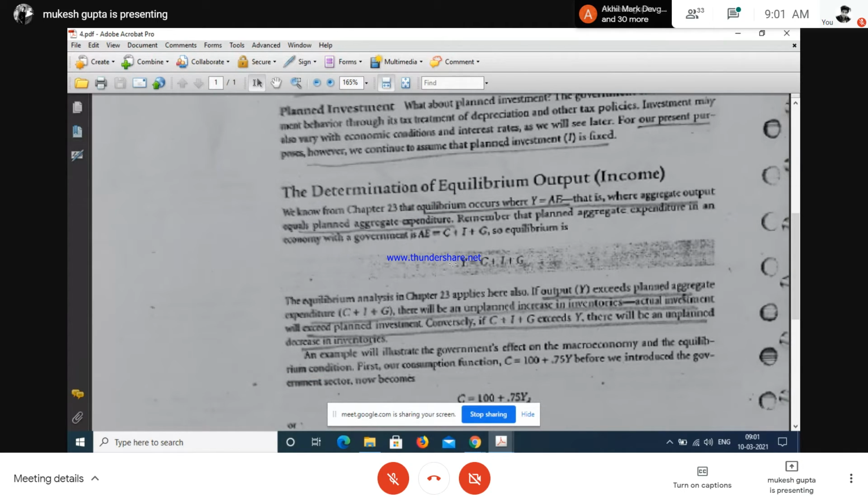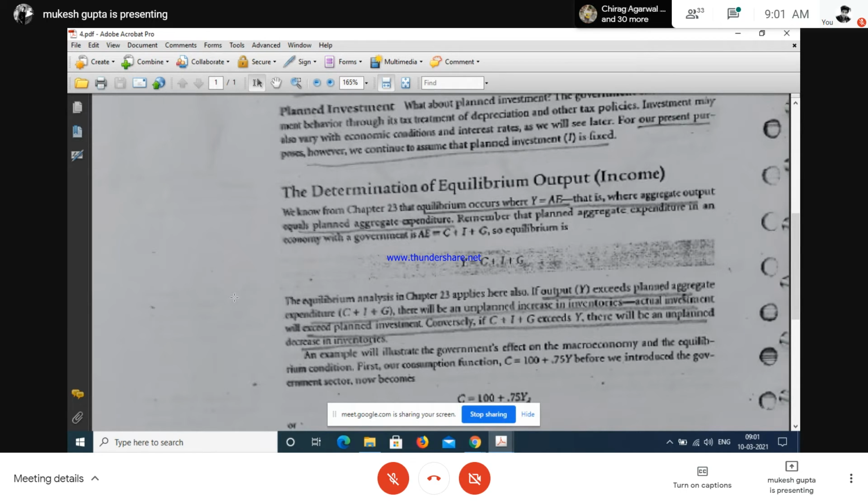So Y is equal to C plus I plus G. This is the equilibrium stage, where total income of the economy, total output of the economy, becomes equal to the expenditure on consumption, investment expenditure, and government expenditure.